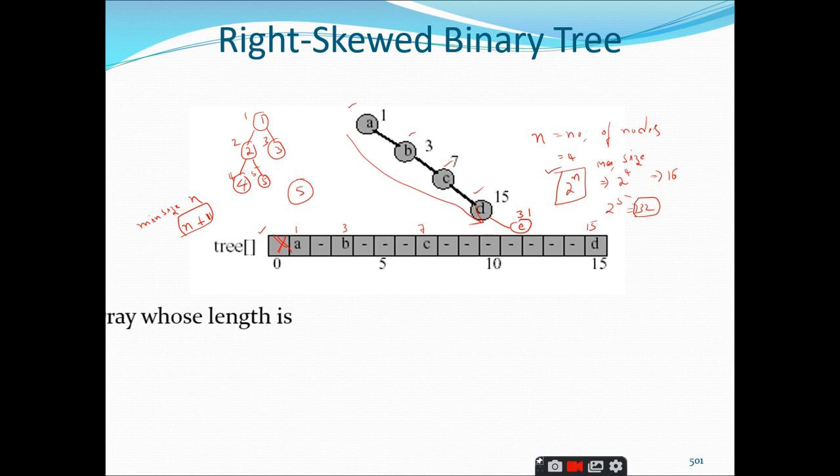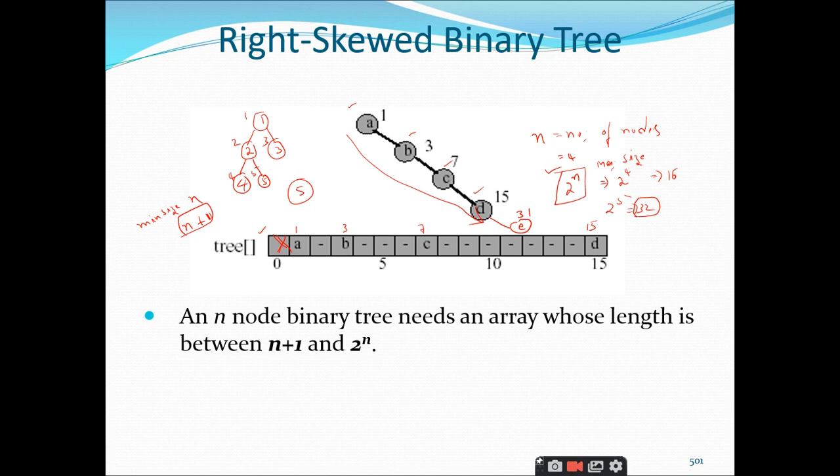So an n node binary tree needs an array whose length is between n plus 1 and 2 power n. The minimum size is n plus 1 and the maximum size is 2 power n.